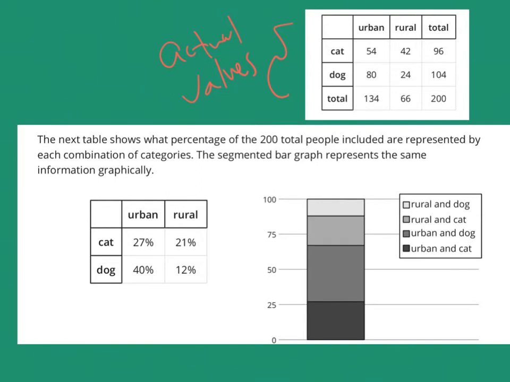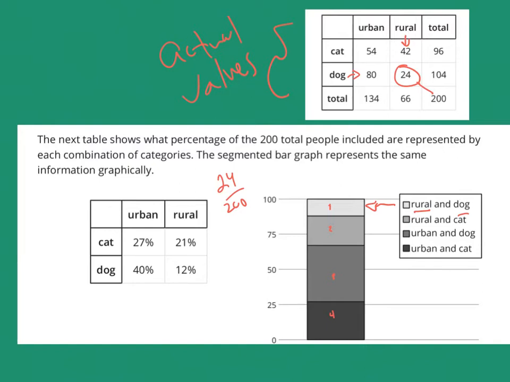I see there are 4 different shadings, and the light shading is rural and dog. So where is that in our actual values? Rural is here, dog is here, so that's 24. And if I take the 24 and divide by the 200, I get 12%.